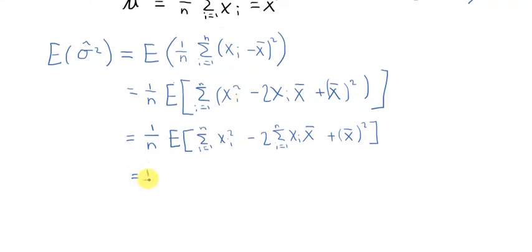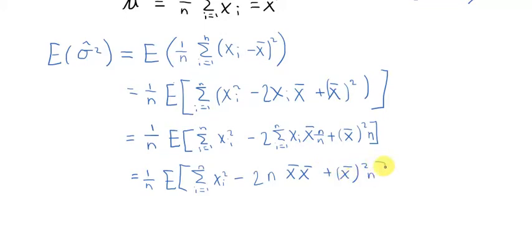This gives us 1 over n times the expected value of the sum i equals 1 to n of xi squared minus, and this term essentially becomes 2n x bar times x bar, which is just x bar squared, plus x bar squared times n, which becomes 1 over n expected value of the sum i equals 1 to n of xi squared minus x bar squared times n.